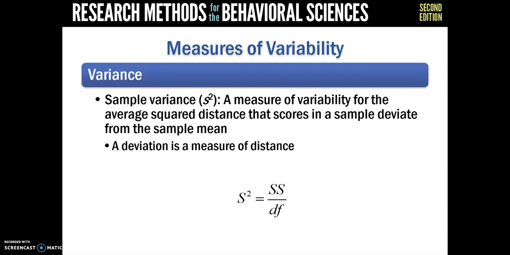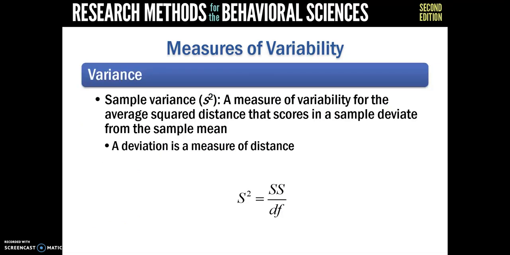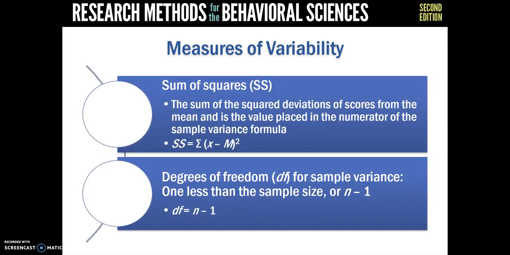So we also want to calculate the variance, the sample variance. What the variance does is represent the deviation of your distance, so how far things are going from one level to the next level. There are ways to calculate variance, and you could see the equation here, which uses the sum of squares and also degrees of freedom.